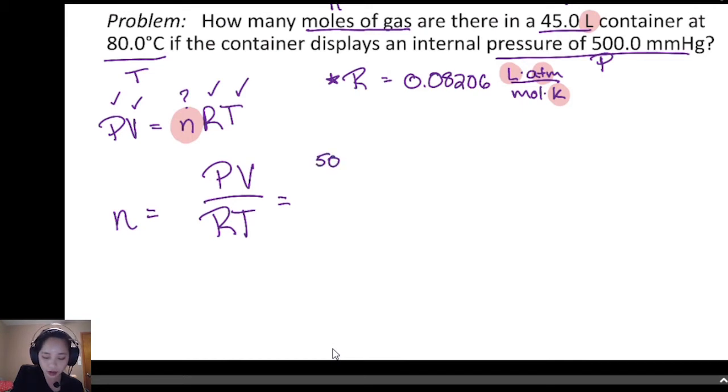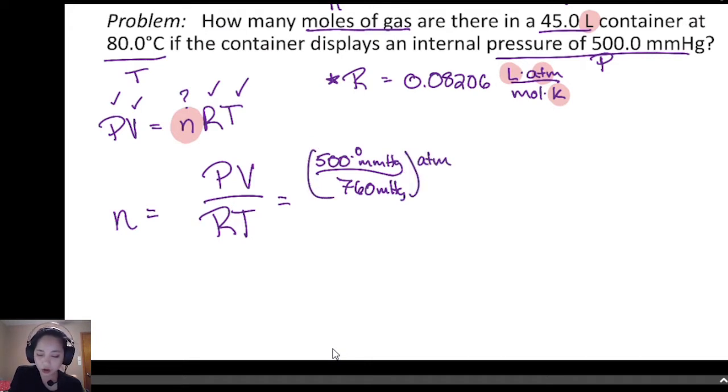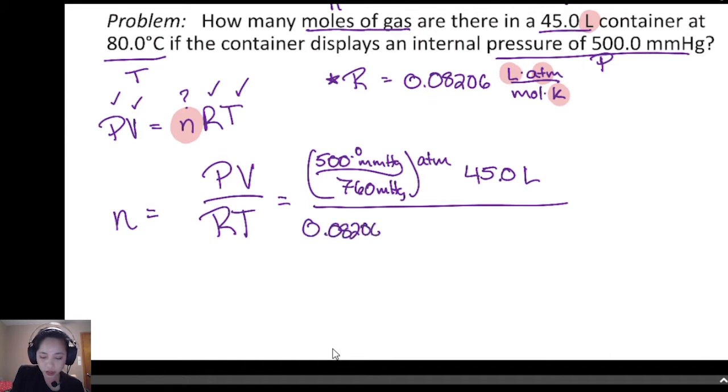All right, so pressure, 500 torr, but I need to get that into atm. So I can say 500.0 millimeters of mercury over 760 millimeters of mercury, that is one atm. Our volume is 45.0 liters. That's good. R is 0.08206 liter atm per mole Kelvin.